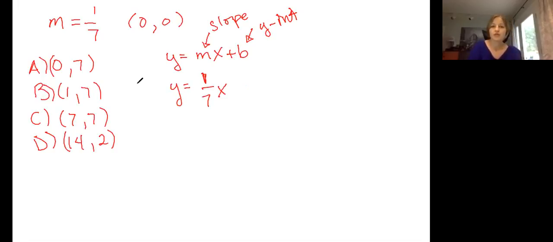At this point, I would have to use my answer choices and plug them in until I got something that made sense, right? So I could try (0, 7). Now, we already know that it hits (0, 0), so really, we could kind of just throw that one out. But if I tried x equals 0, I do get y equals 0, not y equals 7. If I try B, if I plug in 1, y equals 1/7 times 1, that equals 1/7, not 7.